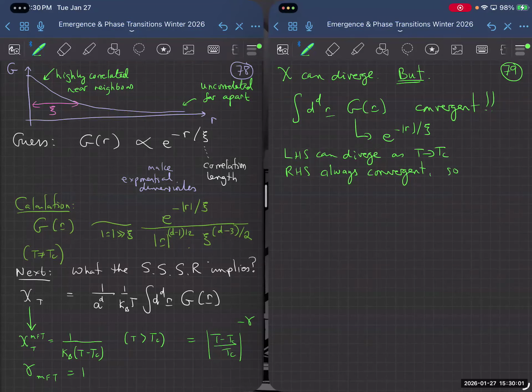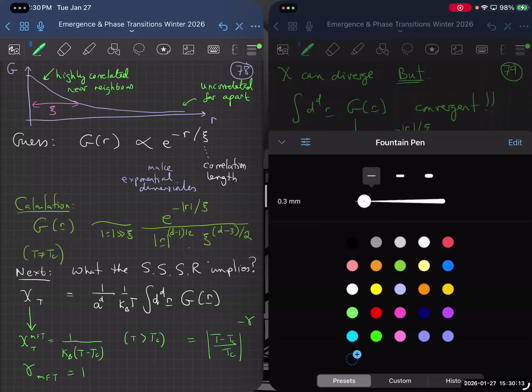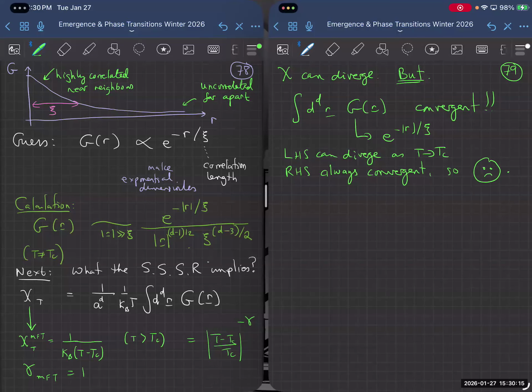So we have a problem. Okay, the left-hand side does not equal the right-hand side. So we have a paradox. And that's the thing that we need to resolve. Okay, so anybody got any ideas about what's going wrong here? Thermodynamics told us that the susceptibility has to diverge.